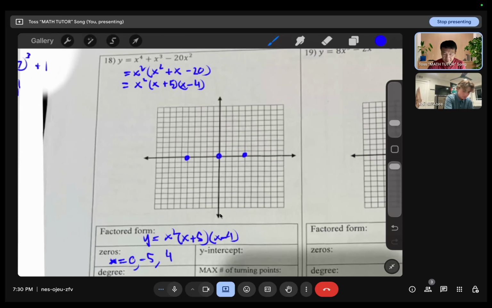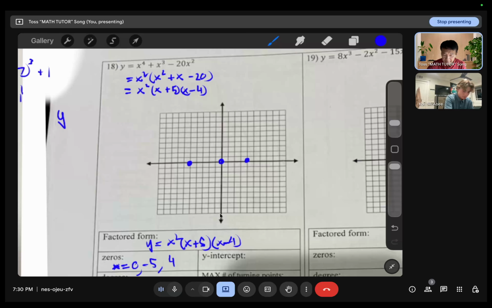All right, y-intercept. Same thing. x squared will be 0, and imagine the rest is also plugged in, but the whole thing will be 0 again. So whatever you do, y is going to be equal to 0, so your y-intercept would be 0.